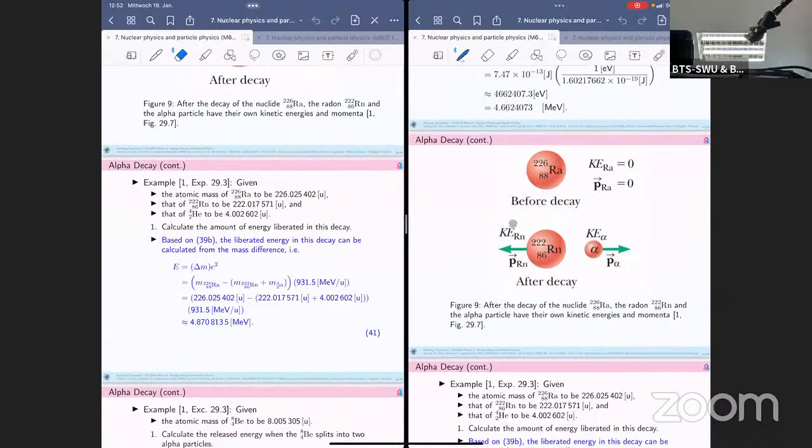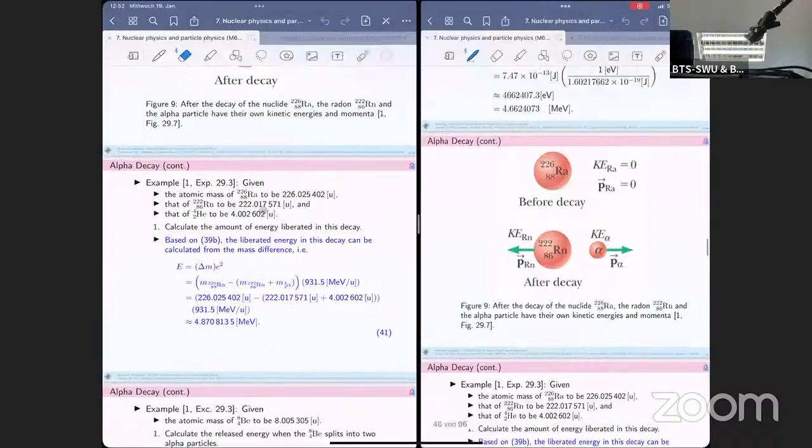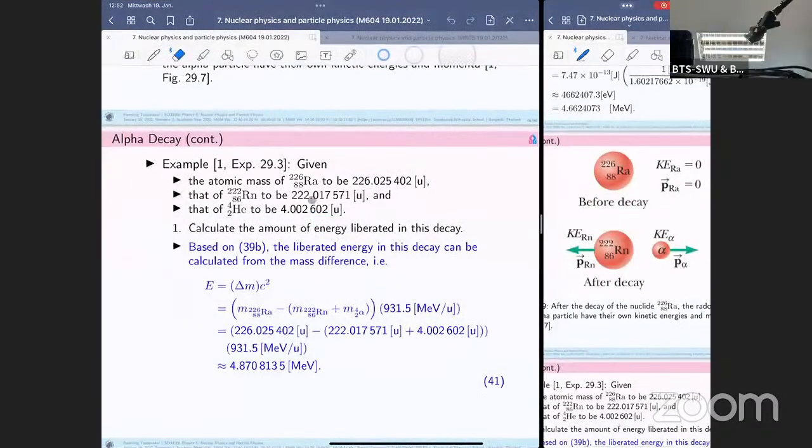So what does that mean? You just look at this by eye. 17 plus 2 is going to be 19, but here we start from the parent nucleus with 25. So 25 is greater than 19, right? So you could see that there is a mass loss or mass deficit, the mass that disappears in this separation.